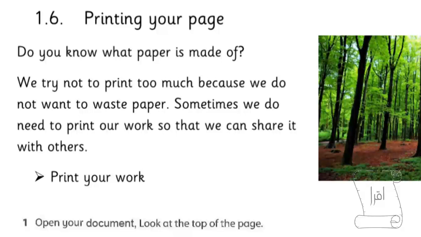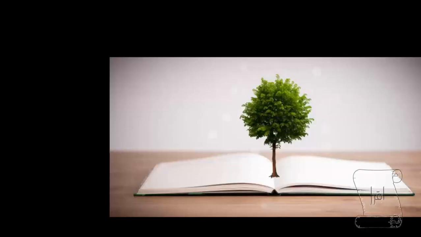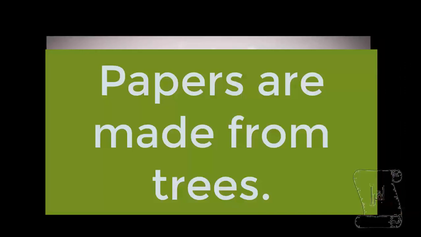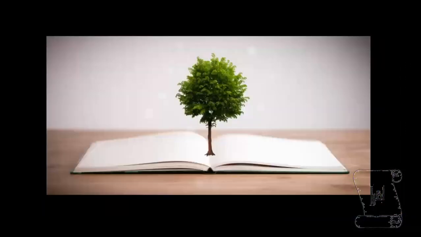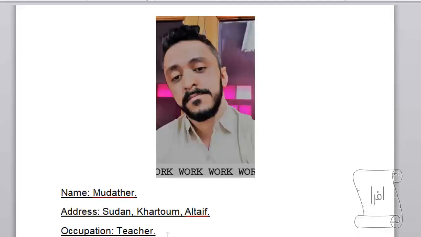Sometimes we do need to print our work so that we can share it with others. Papers are made from trees. To save trees, we should try to reuse scrap papers everywhere, at school, at home, because people cut down trees so that we get papers.